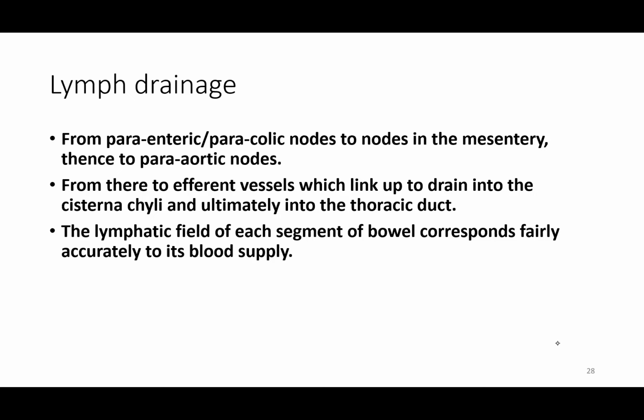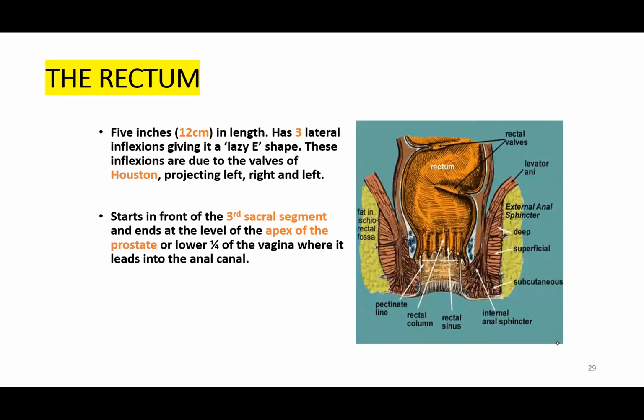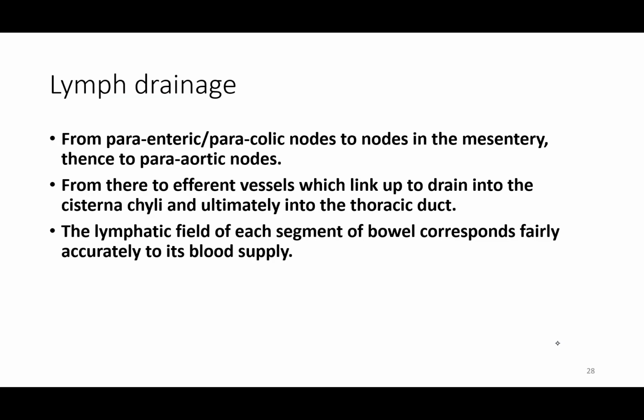The lymphatic field of each segment of bowel corresponds fairly accurately to the blood supply. We are going to talk about this shortly. So we will not go into rectum and anal canal. Let me talk about this, then we'll stop here. Okay? It's very important you understand this.